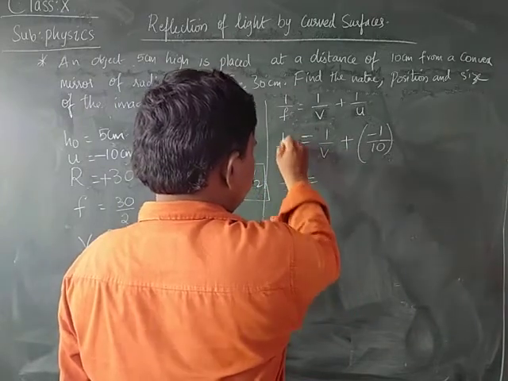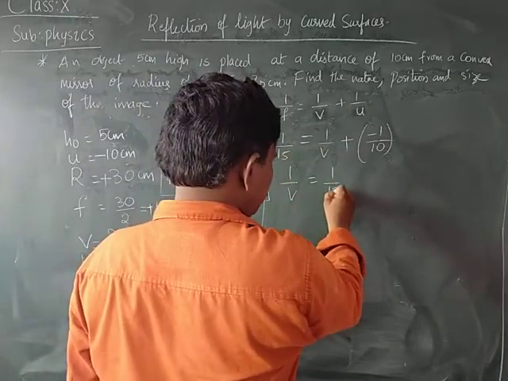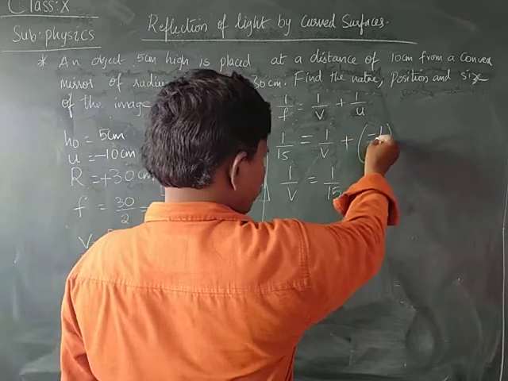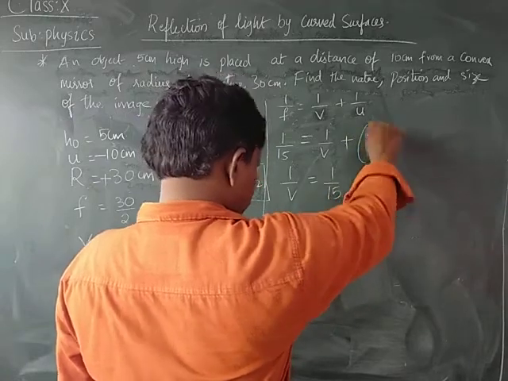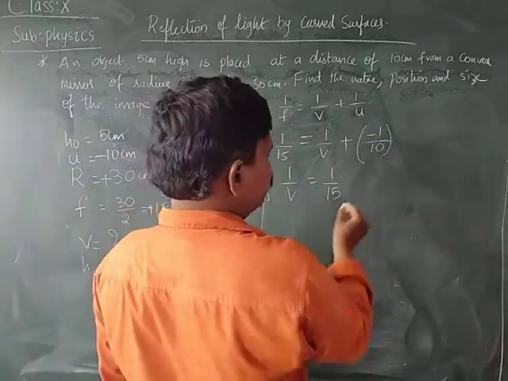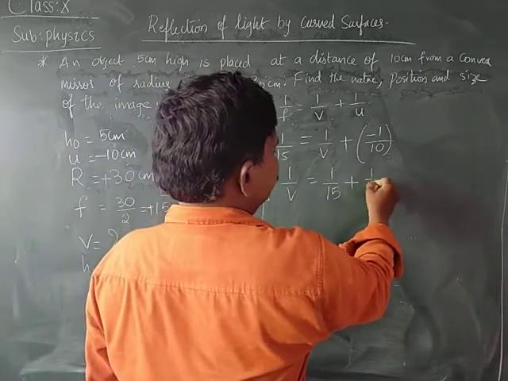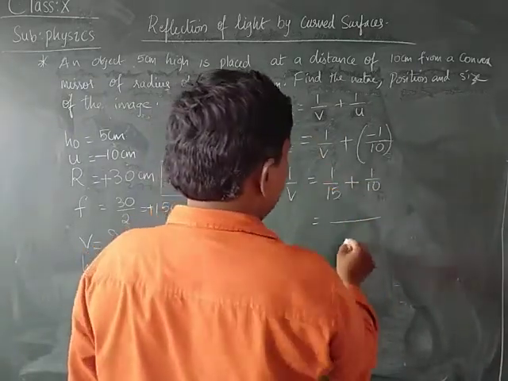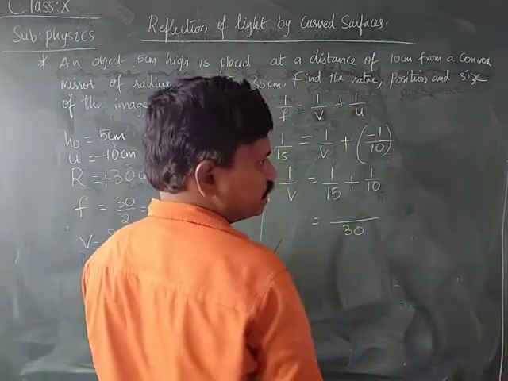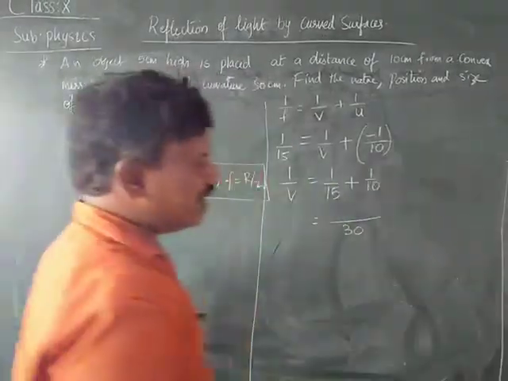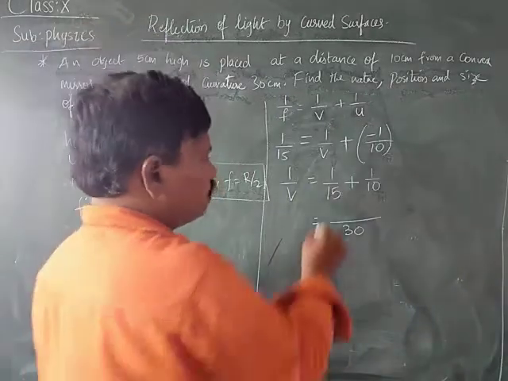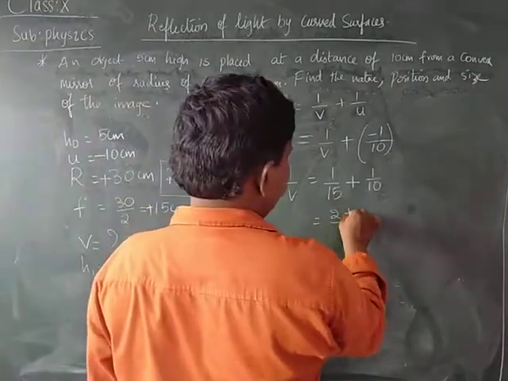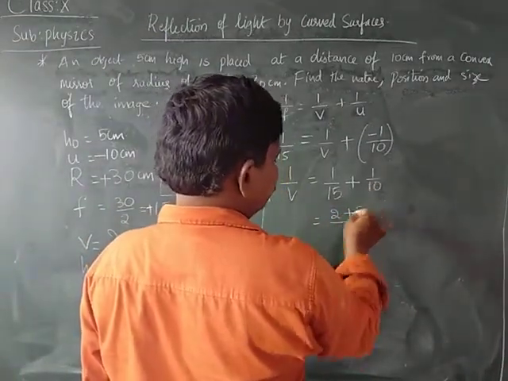Therefore 1 by V is equal to 1 by 15 as it is, plus into minus is minus, minus 1 by 10. Transposing to that side becomes plus 1 by 10. What is the LCM of 15 and 10? 30 is the LCM. 15 2s are 30, plus 10 3s are 30.